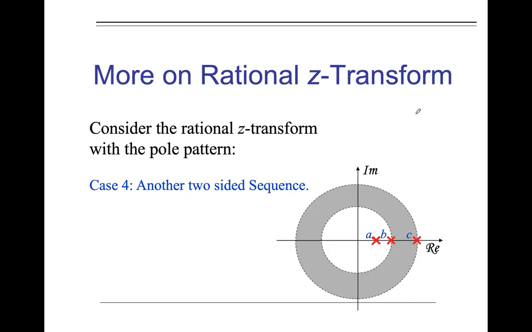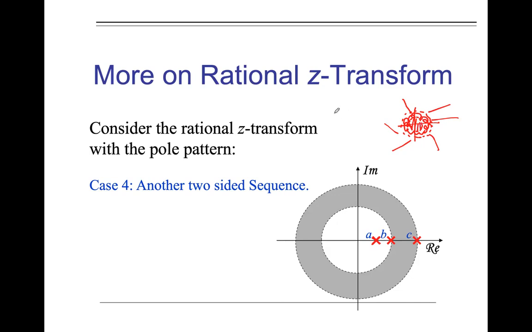If I had only 2 poles, how many different options would I have? Either this one, or this one, or something in between. There are 3 different options: right-sided, left-sided, and two-sided.